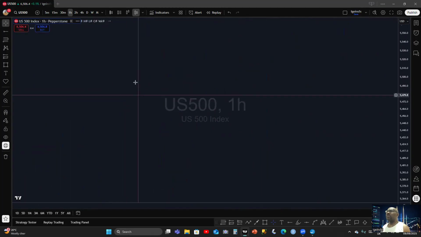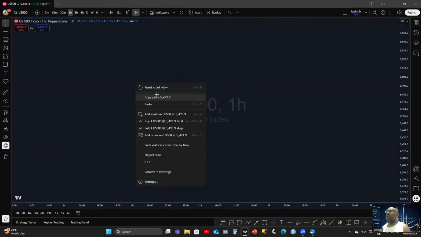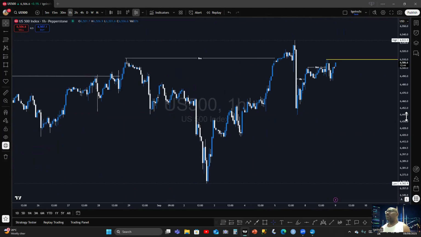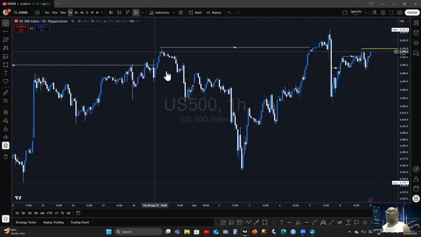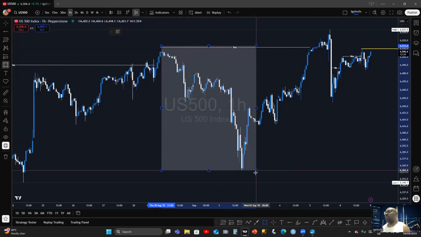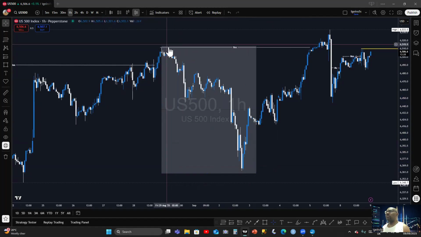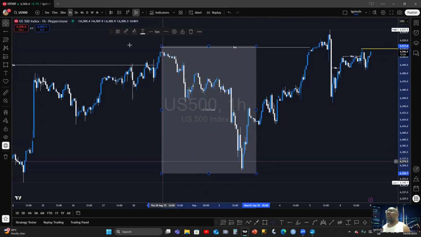Let's see if we can scale down to, okay. At this point where there's a bearish move like this, from this point to this point is a bearish move. All right, it's a bearish move.